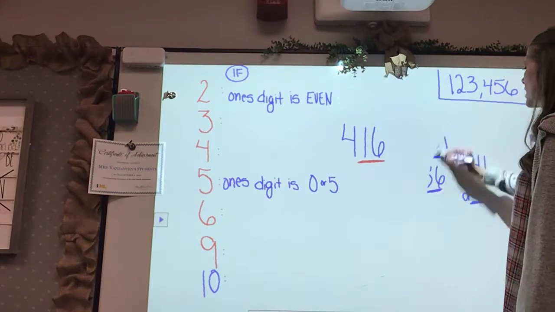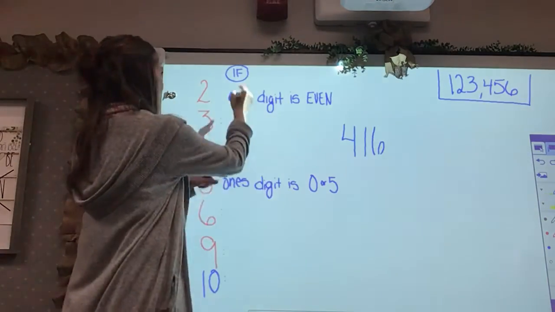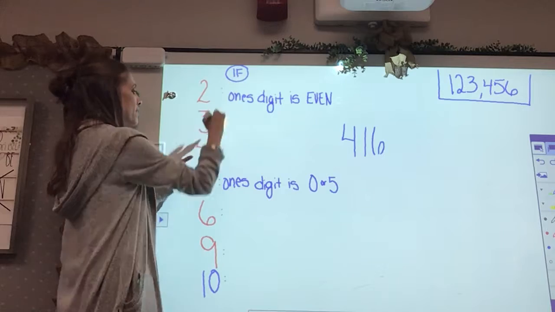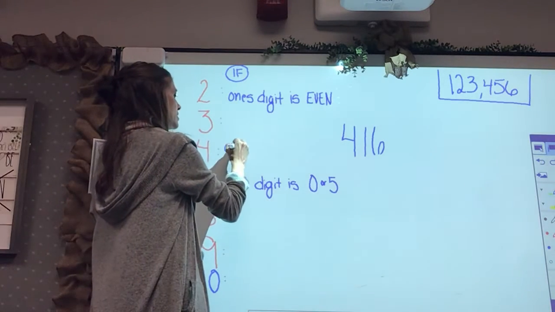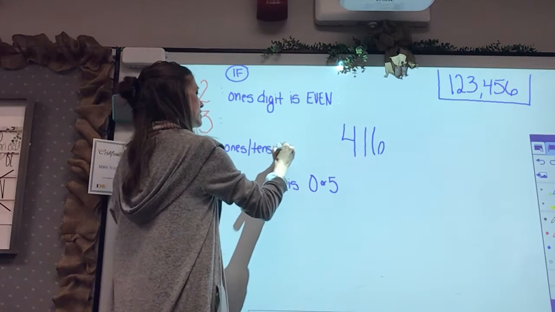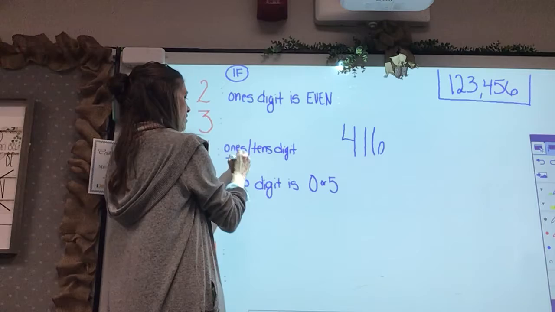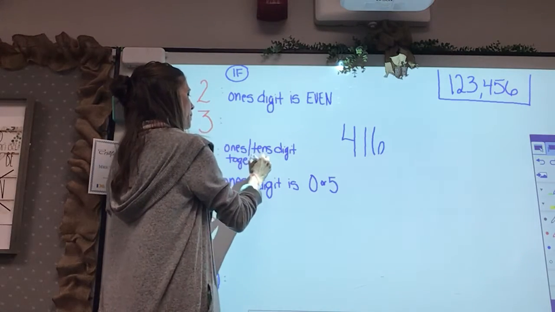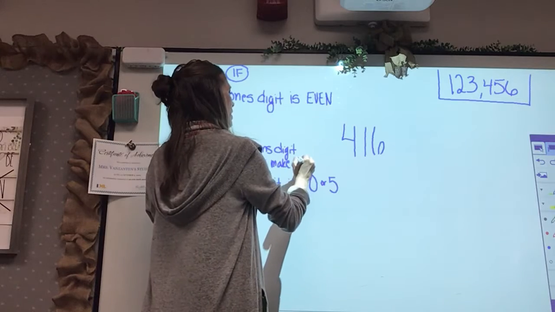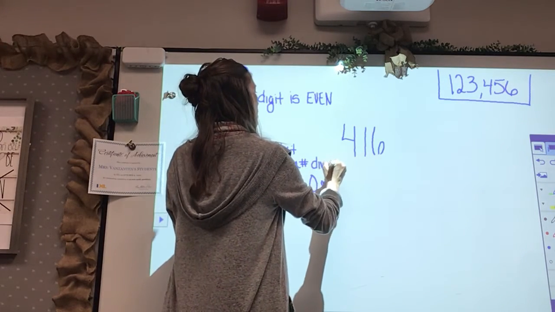So let's erase this and let's write out our rule. Our rule for number 4. It's divisible by 4 evenly if the ones and the tens digit together make a number divisible by 4.